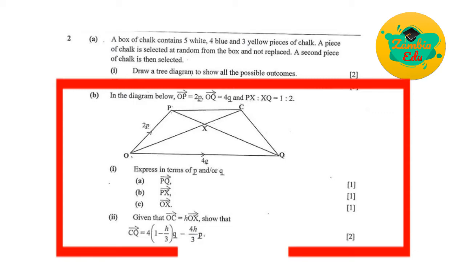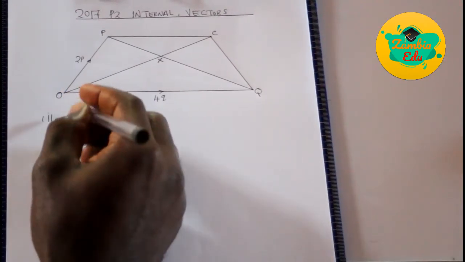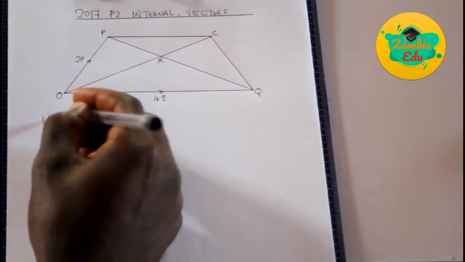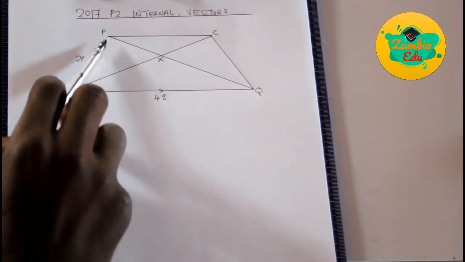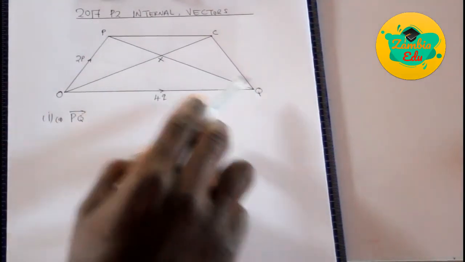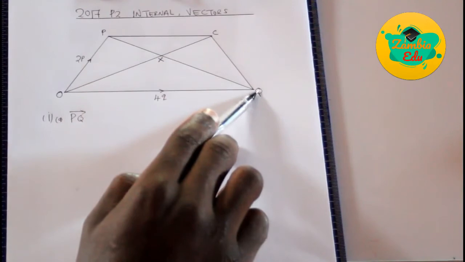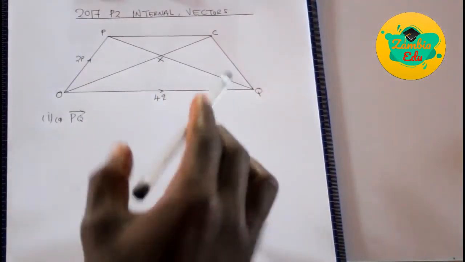So, part 1a says, find vector PQ. Where is PQ? PQ is that one. So quickly, to find PQ, we know that we cannot use that route because it has no values, but that route has values which can help us.